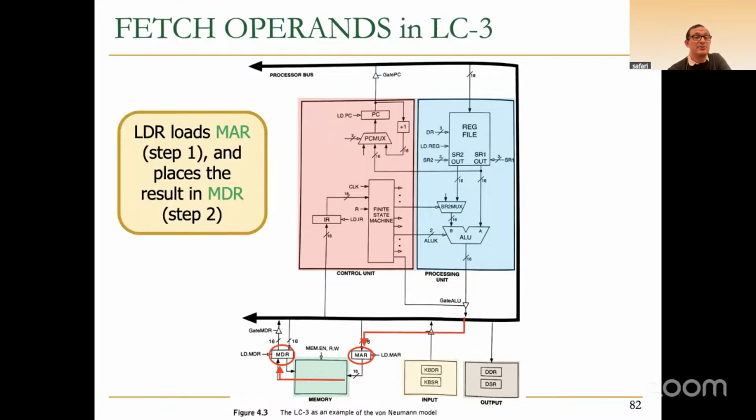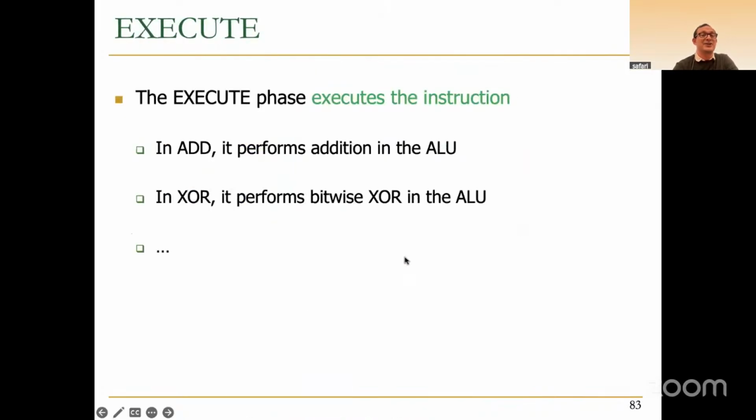Then you do the memory access, which is very similar to the fetch stage, except it's a different state, because now we're treating memory as a source of data that will be used as an operand, as opposed to a source of instruction that will be placed into the instruction register. Now the data comes to the MDR, and that will be placed somewhere later on, but we'll talk about that.